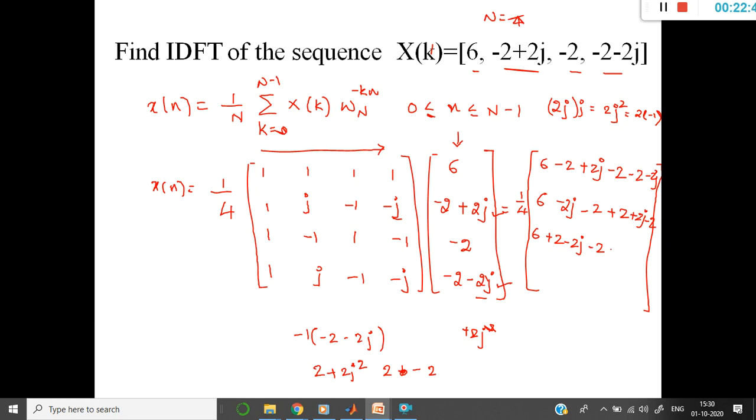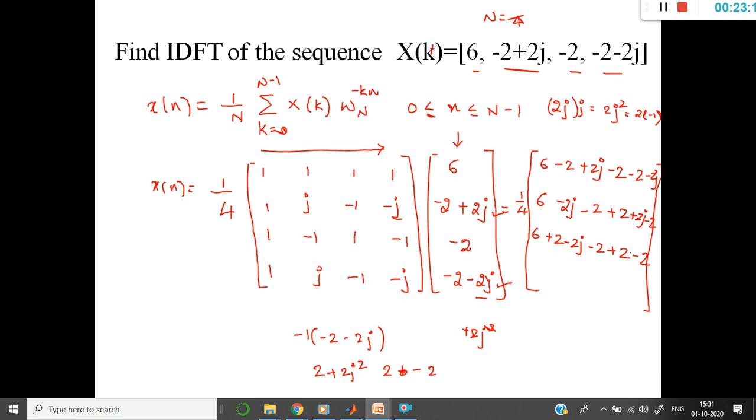Sorry, this plus 2 plus 2 minus 2. Any doubts? Am I going wrong here? Excuse me, second row is wrong. Minus j, 6, plus 2 minus 2j.